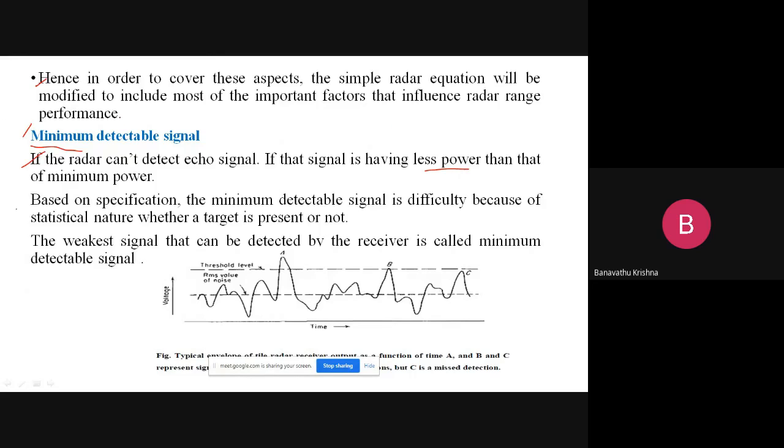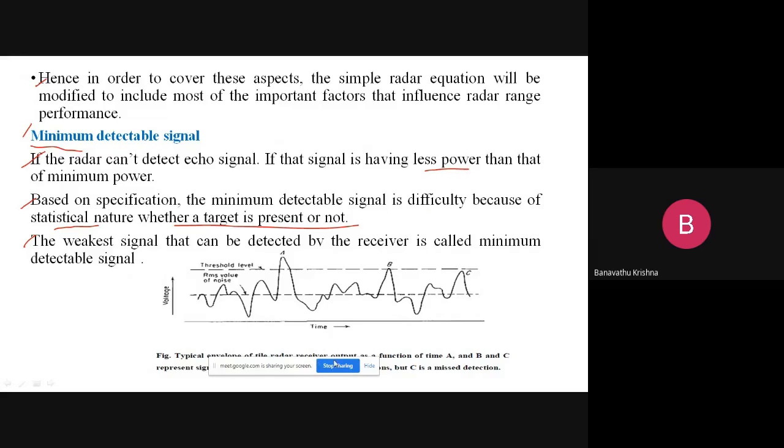Next, based on the specification, the minimum detectable signal is difficult to determine because of the statistical nature of whether a target is present or not. The weakest signal that can be detected by the receiver is called the minimum detectable signal.